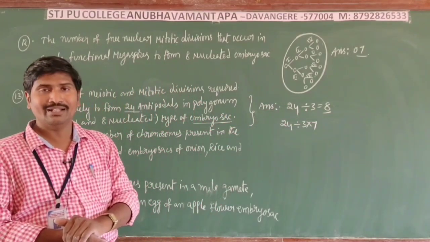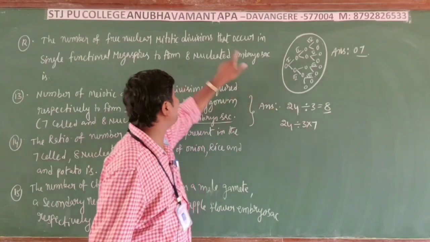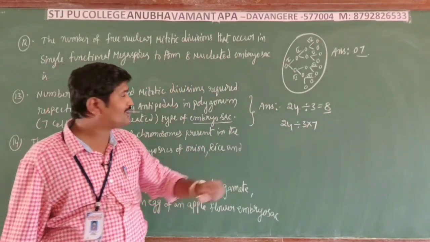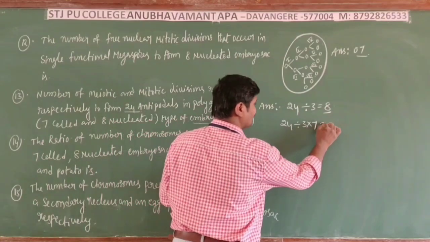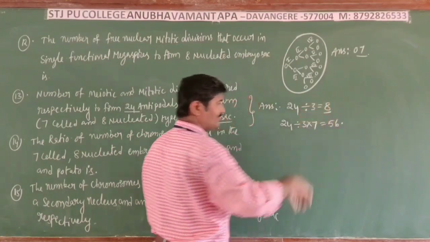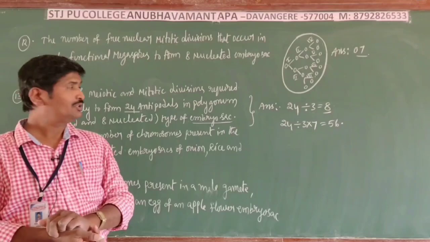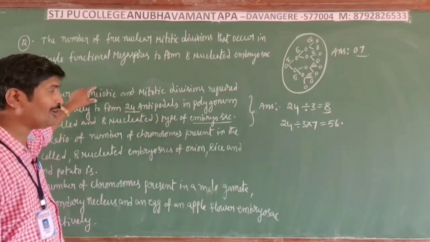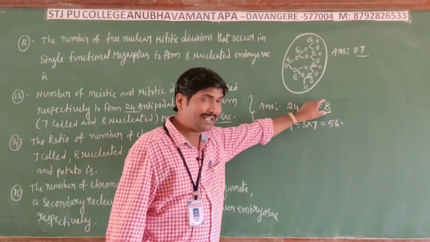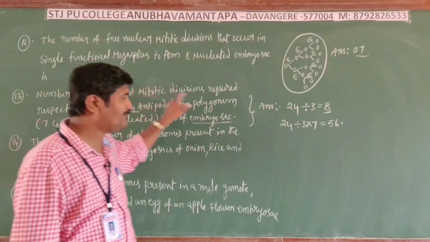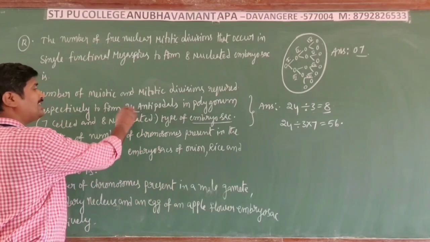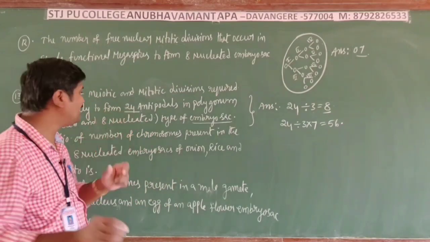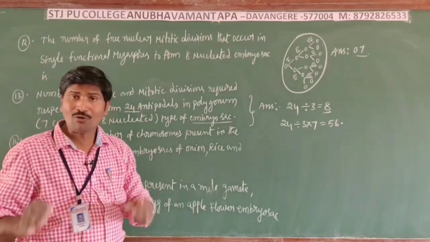In each embryo sac, 7 mitotic cell divisions take place. That's why 56. So the meiotic cell divisions total 8 and mitotic divisions total 56 take place for 24 antipodals in the polygonum type of embryo sac.